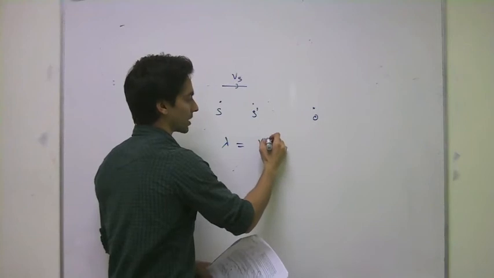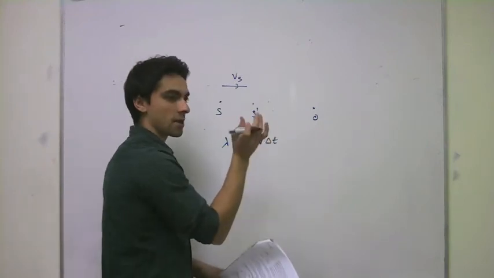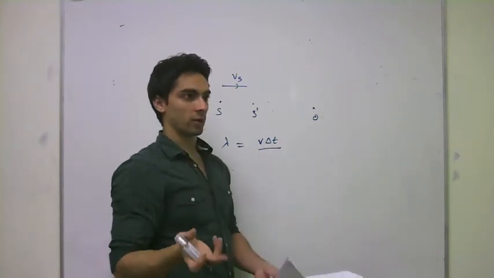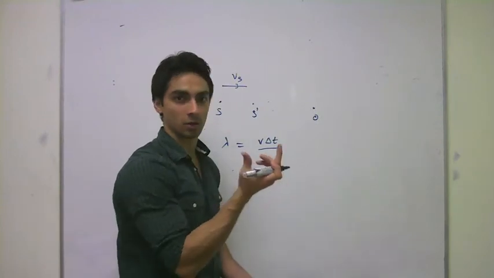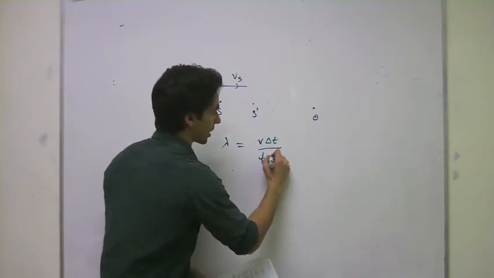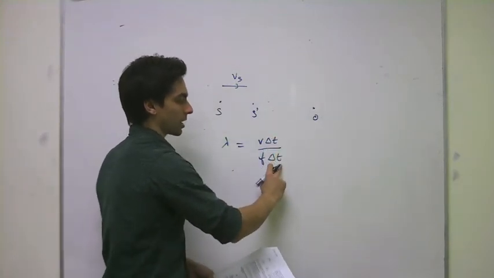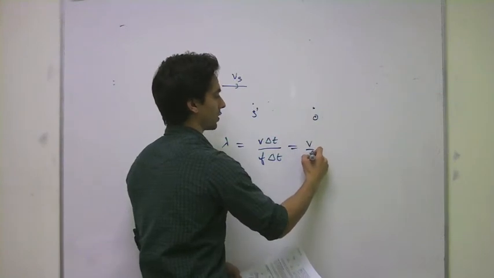The distance traveled by the wave would be its velocity multiplied by the time interval, and the number of waves would be the frequency multiplied by the time interval. So distance traveled divided by number of waves should give us the wavelength. So this here is V over F.